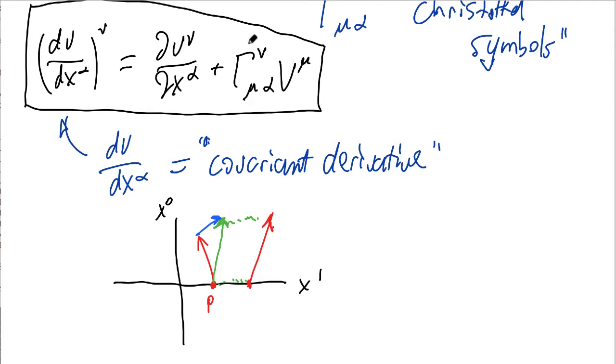Now let's find out what these Christoffel symbols, the big gammas, are. In order to figure that out, we need to take a closer look at what we mean by parallel transport in a curved space or space-time.